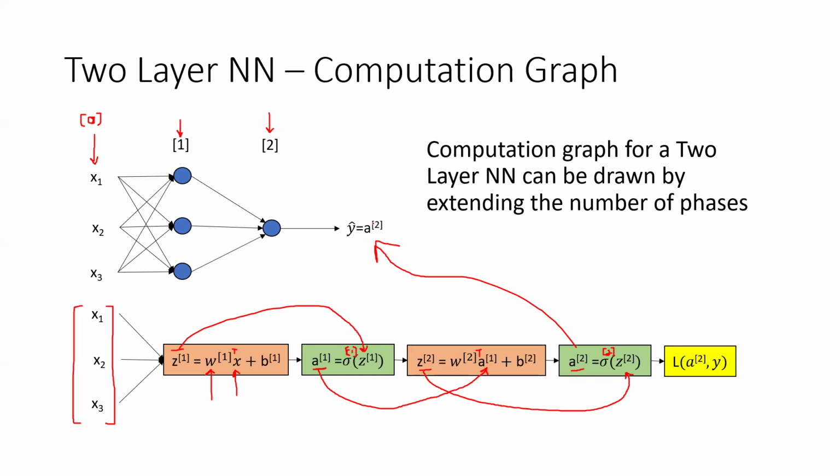With this output, you can calculate the loss of this neural network by combining it with the real y value, the ground truth y value from the data set, right? So you take the A2 and the ground truth y value from the data set, and then we apply the loss function.